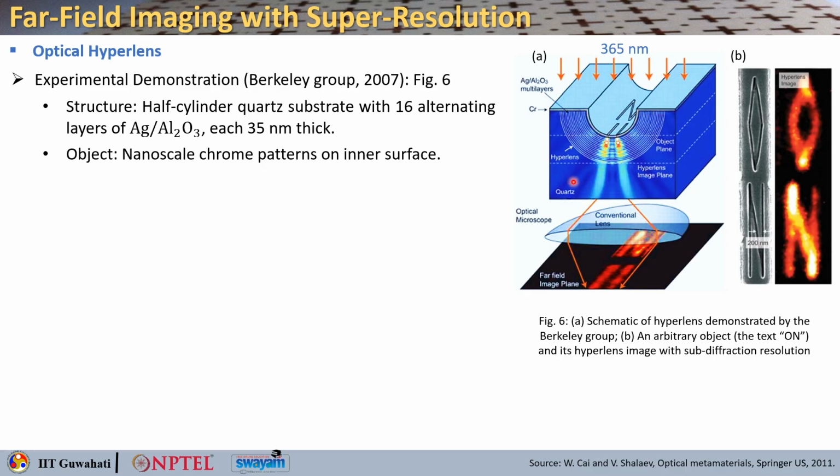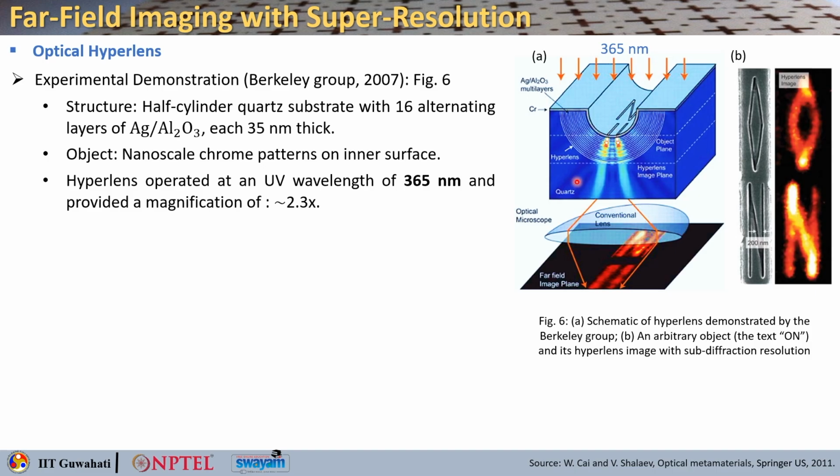You can see some nanoscale chrome patterns on the inner substrate, and this hyperlens operates at a UV wavelength of 365 nanometer. You can see that this feature is enhanced by the hyperlens by almost 2.3 times, and the sub diffraction resolution that was achieved was around 130 nanometer.